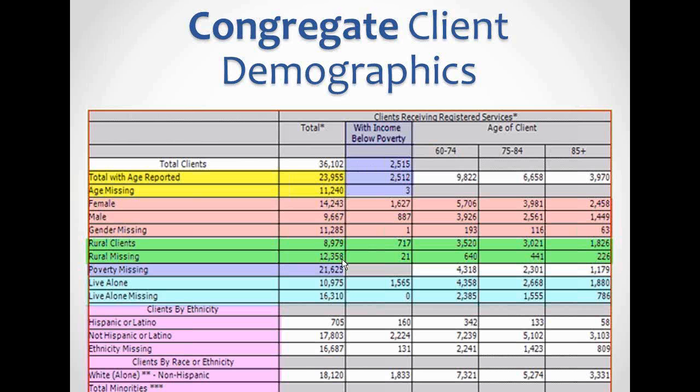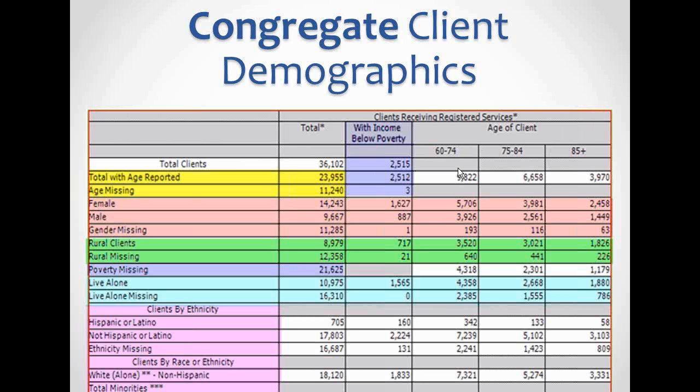Now, look down here to this blue. Right here, you'll see the number that we don't have any poverty information on. It's missing. It was not entered into Oregon Access, is 21,625. So that's why you have such a low number. It does not mean that everybody else of those 36,000 are above poverty. It's that we don't know.